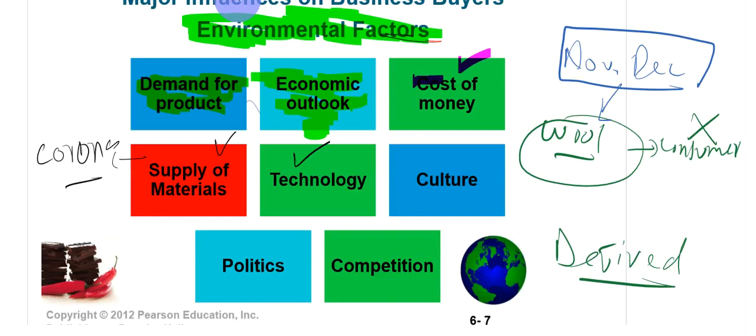Those organizations which do not change and do not update themselves with the latest technology ultimately die. So we have to understand that technology is very much important, and organizations have to adopt and get influenced by the advancement of technology.